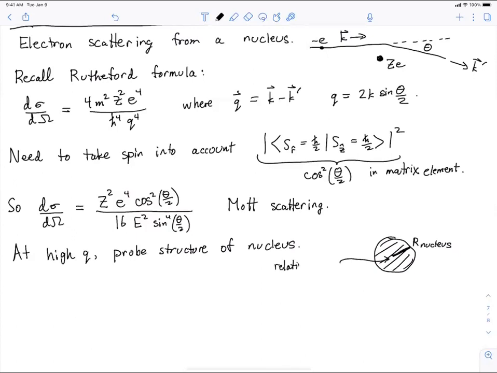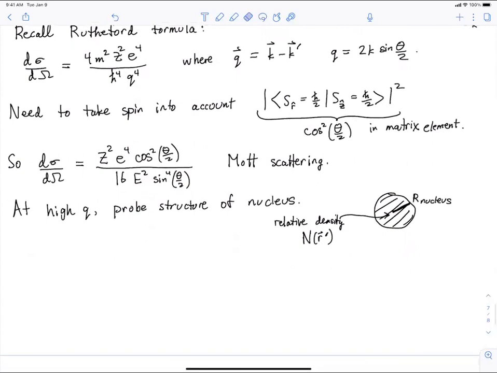And I'm going to call it the relative density. It is some function of position, and I'm going to put a prime on it. The prime is telling us that we're discussing the density as a function of position within the nucleus.